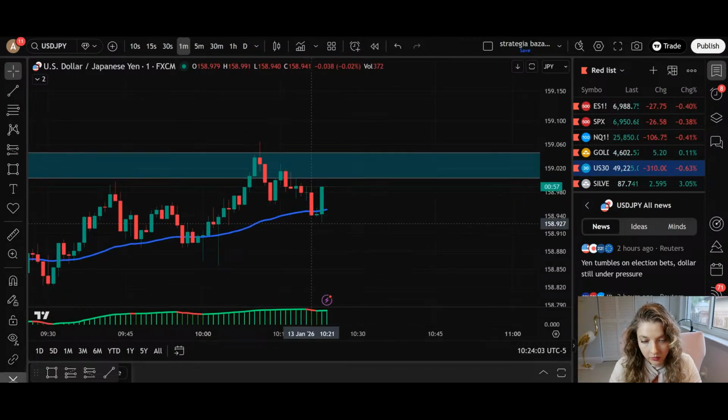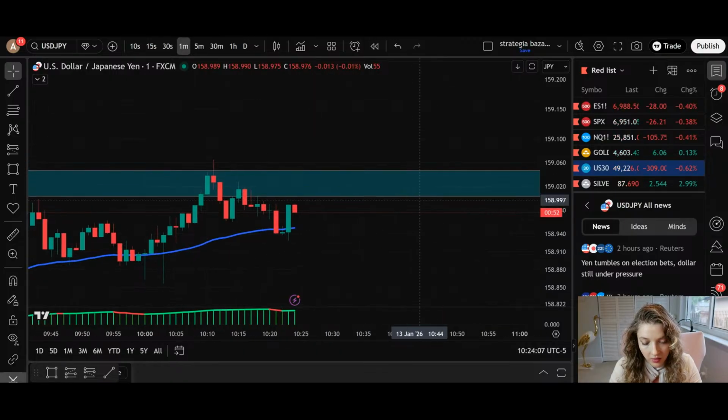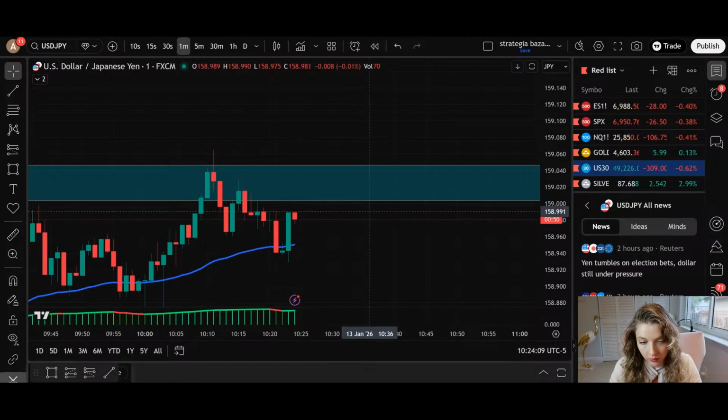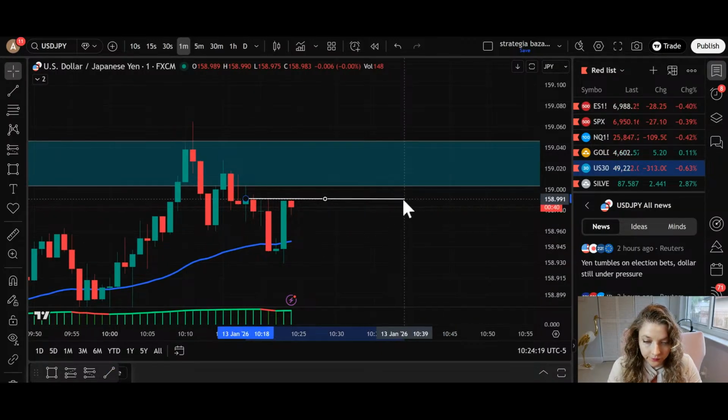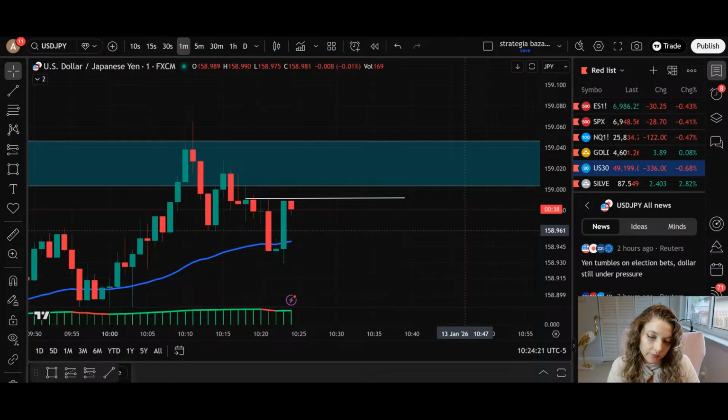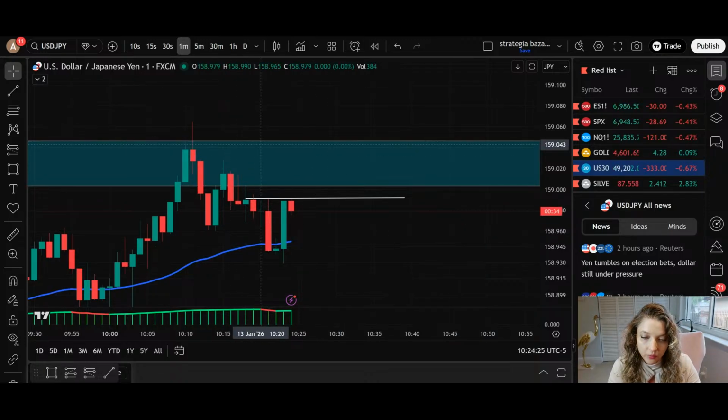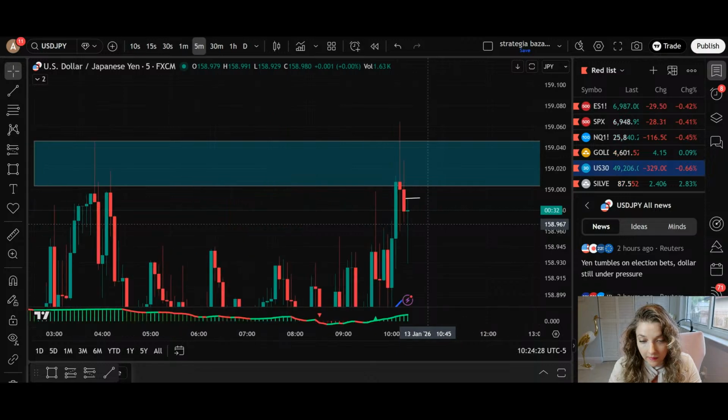Here we go. It retested the EMA. Not yet, but soon. Remember, you need to break this. But yeah, I'll wait to break this level and retest it.